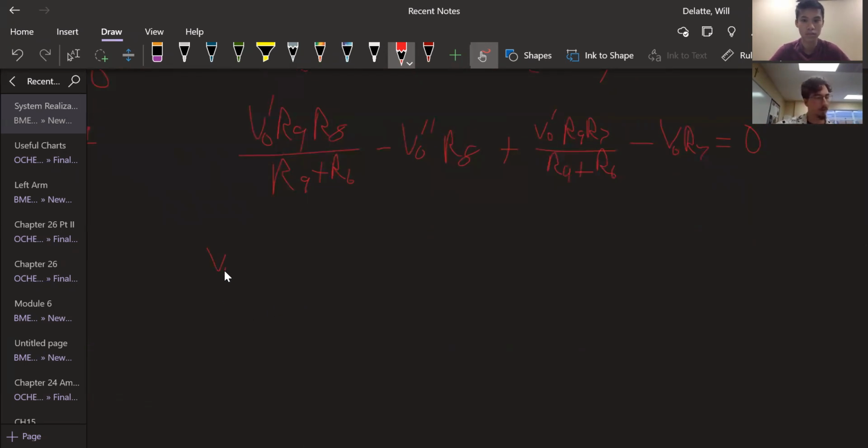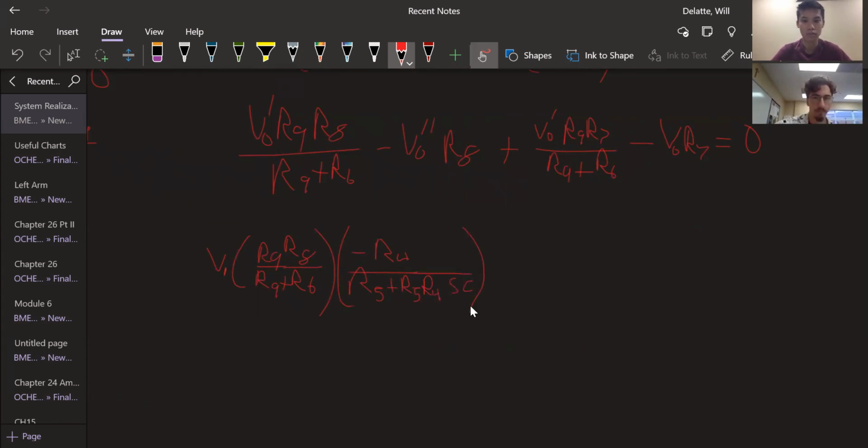So we're going to end up here with a V1 R9 over R9 plus R6. And don't forget our R8 up top. And then our term that we just brought in. So we really aren't going to want to distribute our voltages because we like to leave that kind of out front with our impedances connected to it.